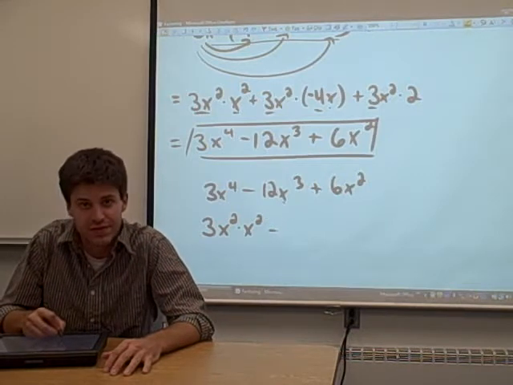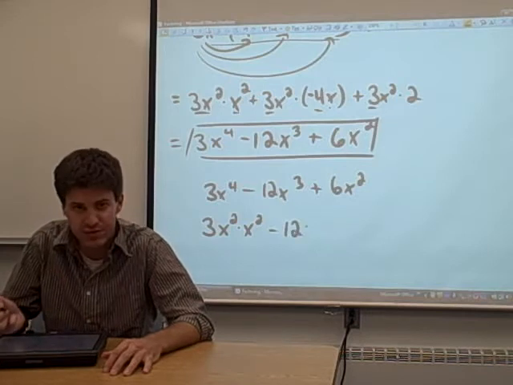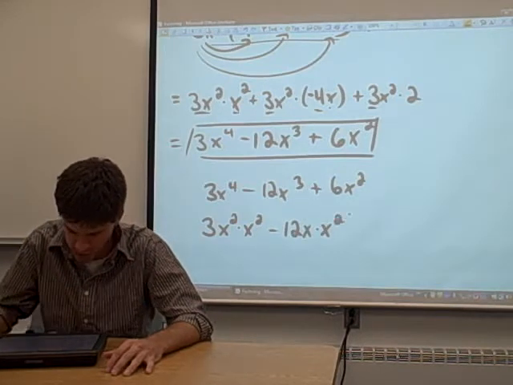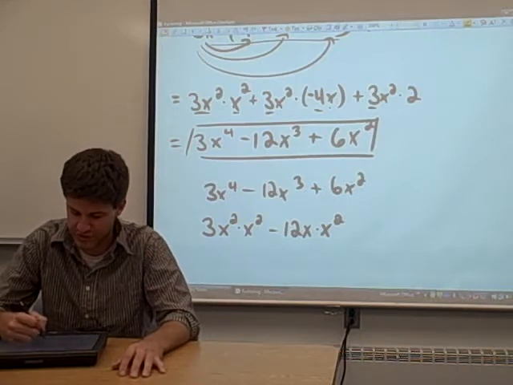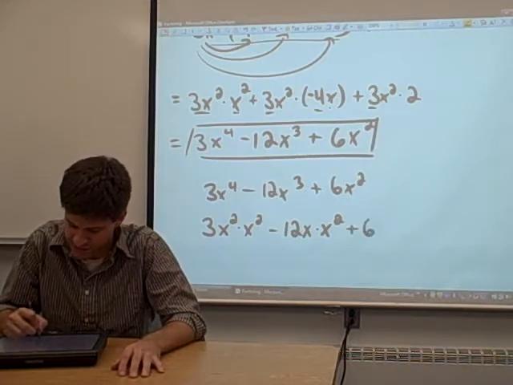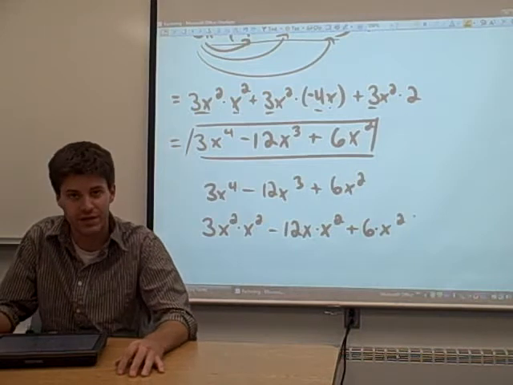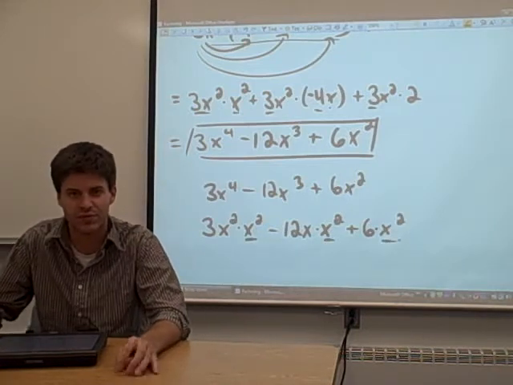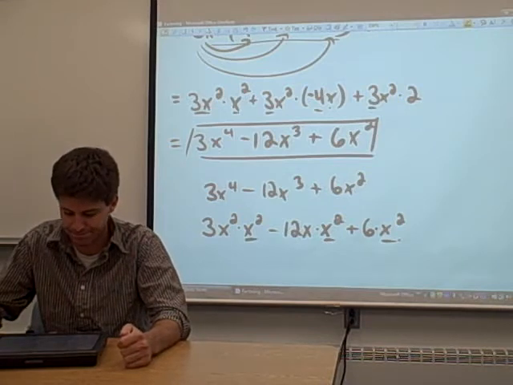We could change this negative 12x cubed to negative 12x times x squared. We could change this 6x squared to a 6 times x squared. You notice that in each term we were able to pull out an x squared.